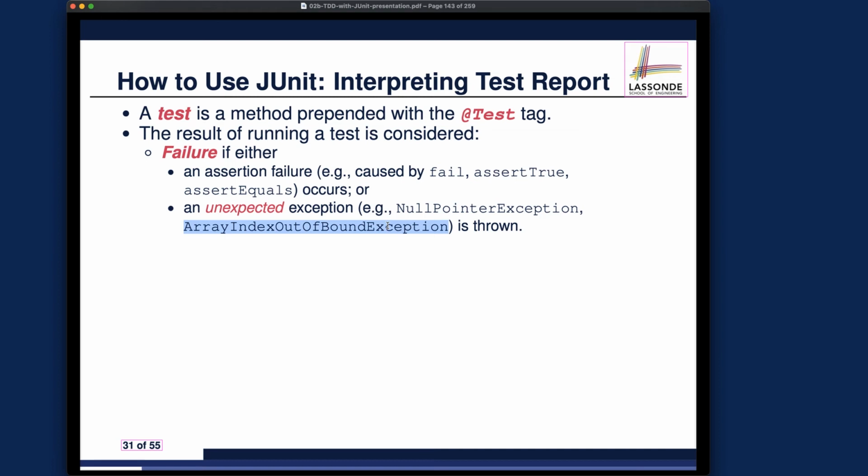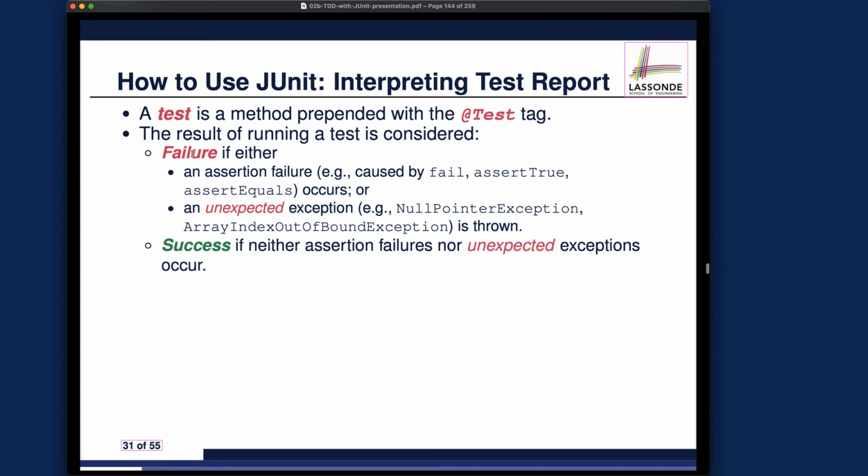In that case, it will be considered unexpected, and that will also cause the entire test method to fail. So these are the only two possibilities to make a test fail. If none of them happens, it will be considered a success. Okay, having this in mind, right?